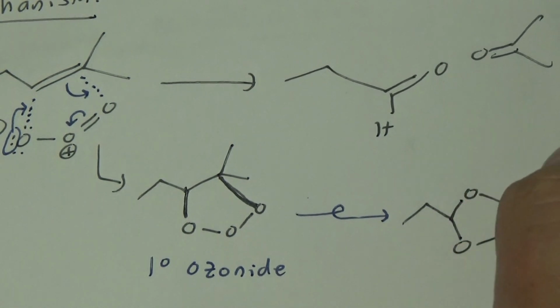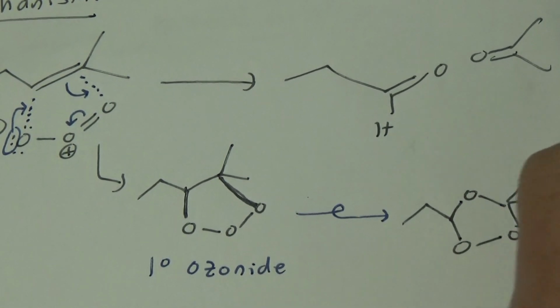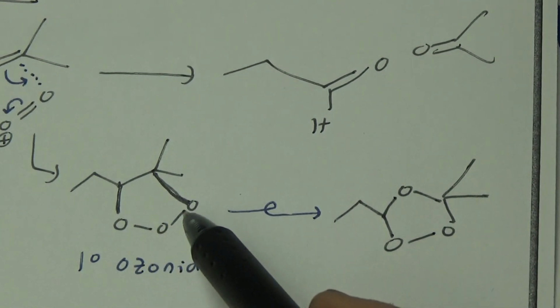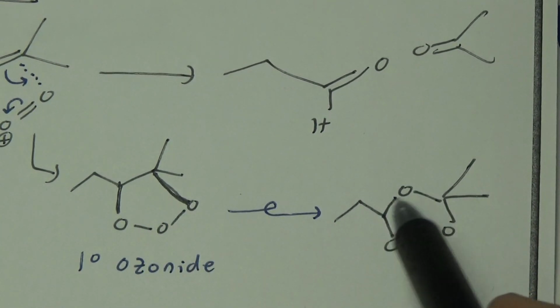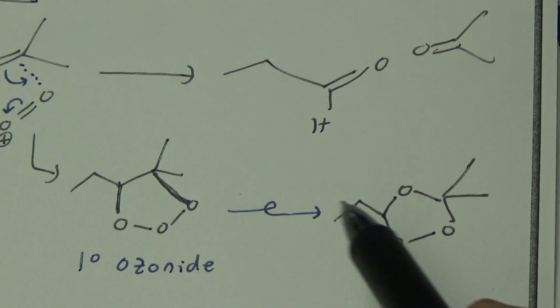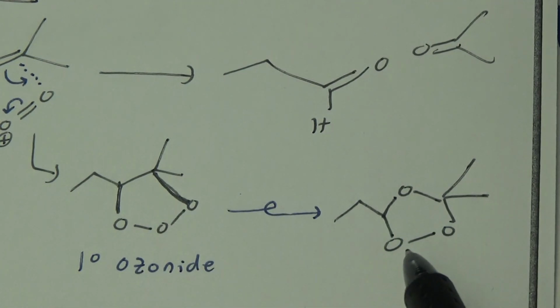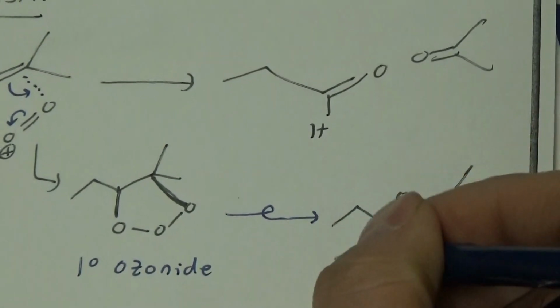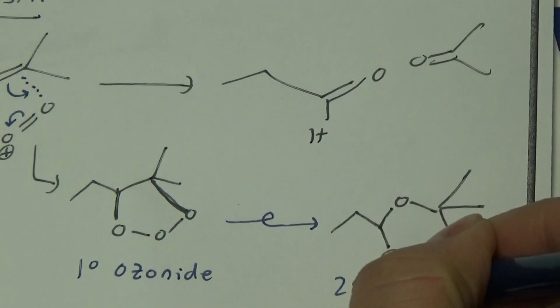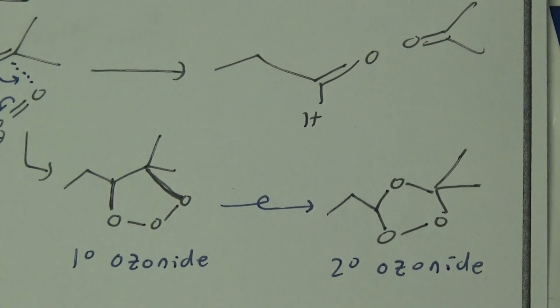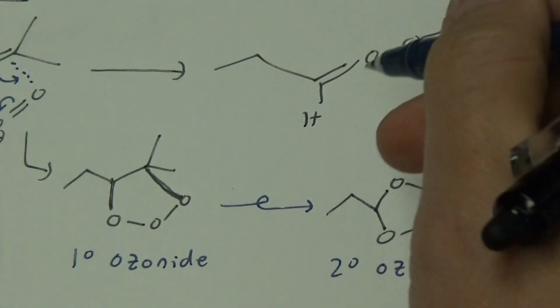I took one of the oxygens and snuck it in between the C–C bond, and now it's still a five-member ring. If this is the primary ozonide, this is called a secondary ozonide.